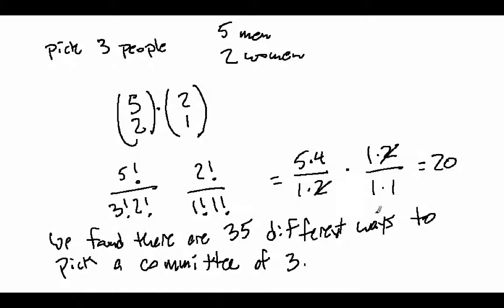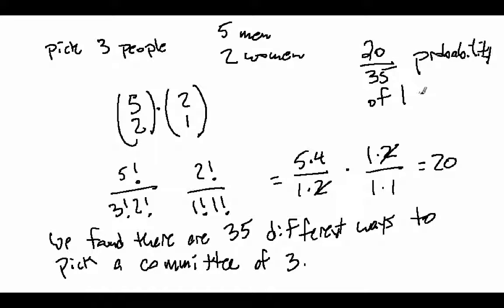So that would mean that there would be 20 over 35. This would be the probability of 1 woman on the committee.